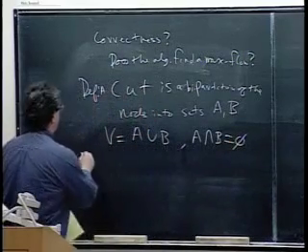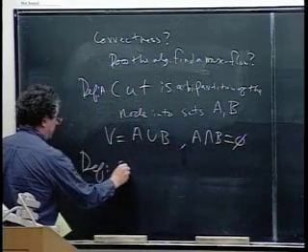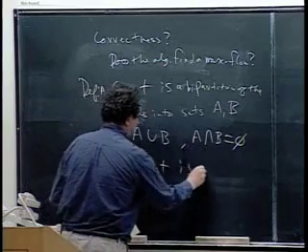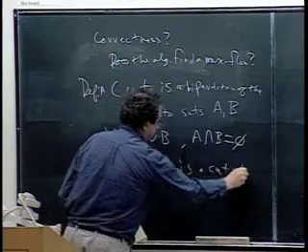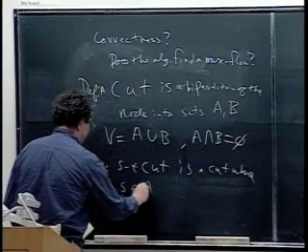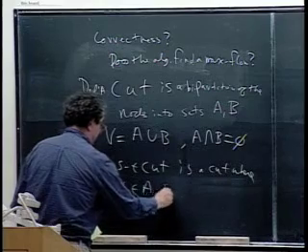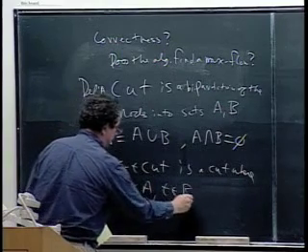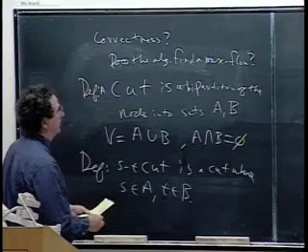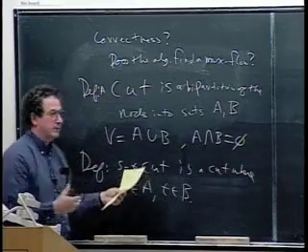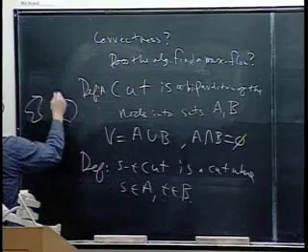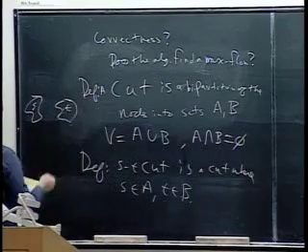And another definition, an ST cut is a cut where S is in A, it's on the S side, and T is in B. Something interesting about the human mind, I can't think about these things without drawing.